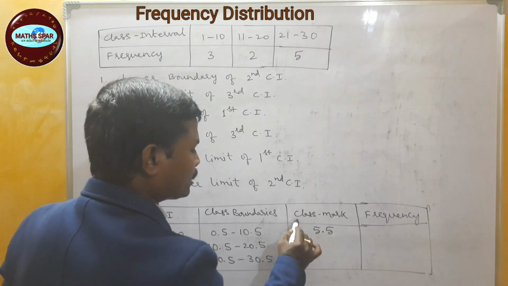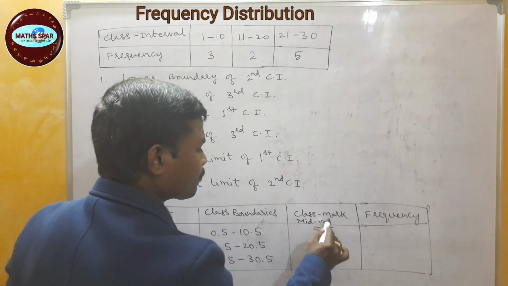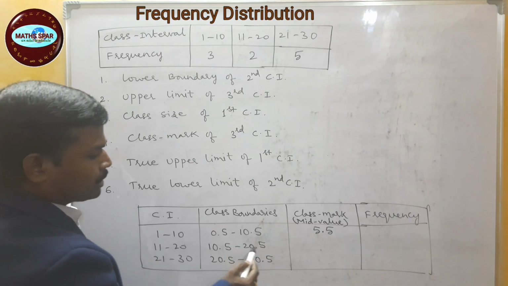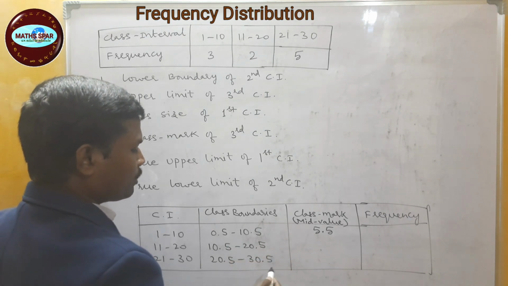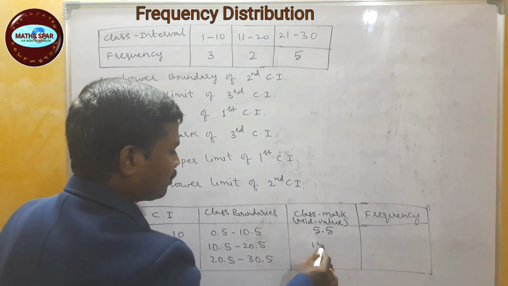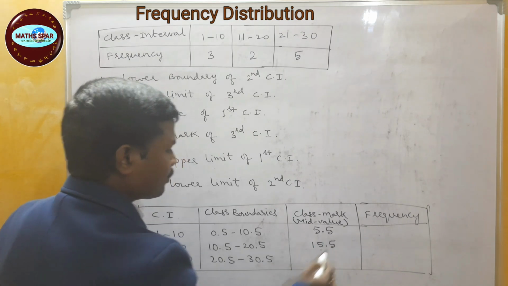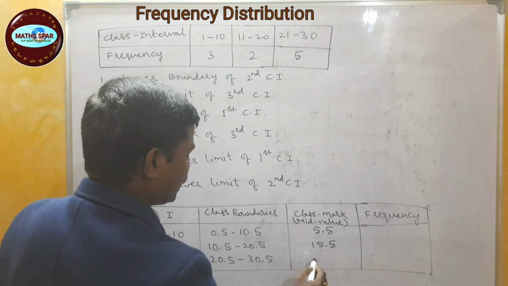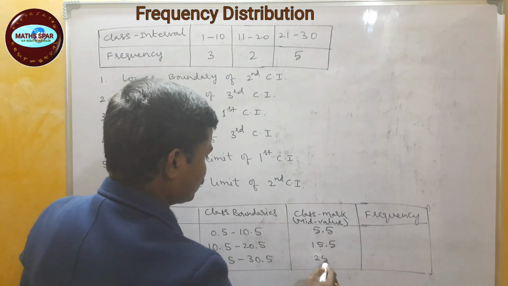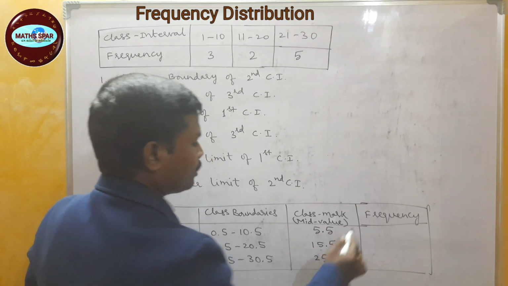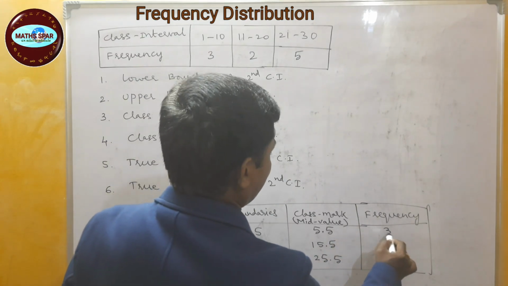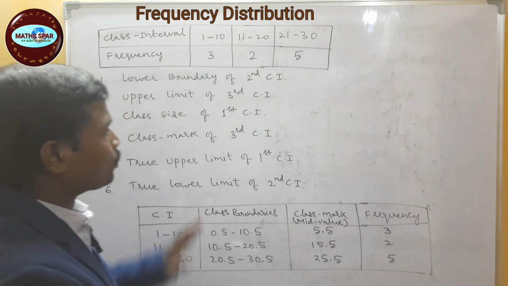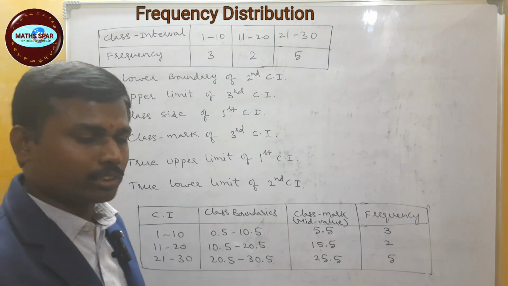Class mark is also called mid value. So 10.5 plus 20.5 divided by 2 is 15.5. Then 20.5 plus 30.5 divided by 2 is 25.5. Then frequencies 3, 2, 5. Now this table is completely ready to answer the given questions.